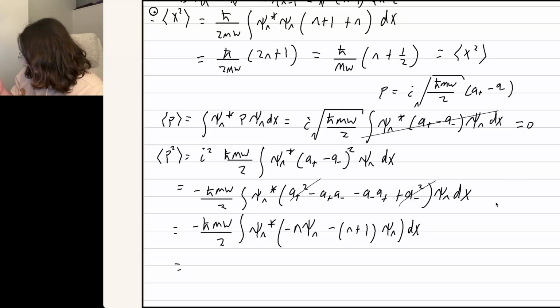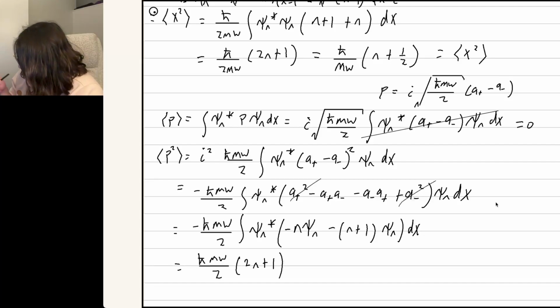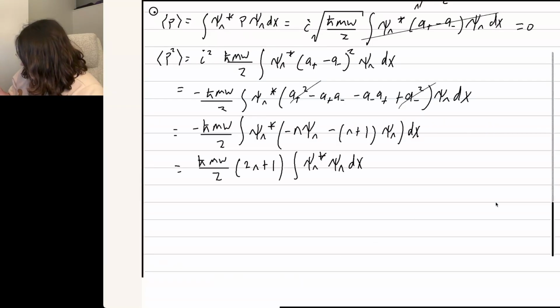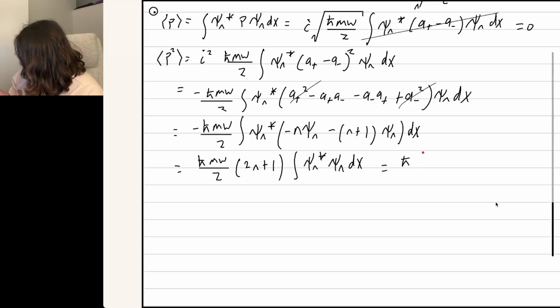Factoring out the negative sign and the 2n plus 1 stuff again, you get the integral psi n star psi n dx, which evaluates to 1. You can factor that 2 through to be ħmω times (n plus 1/2).